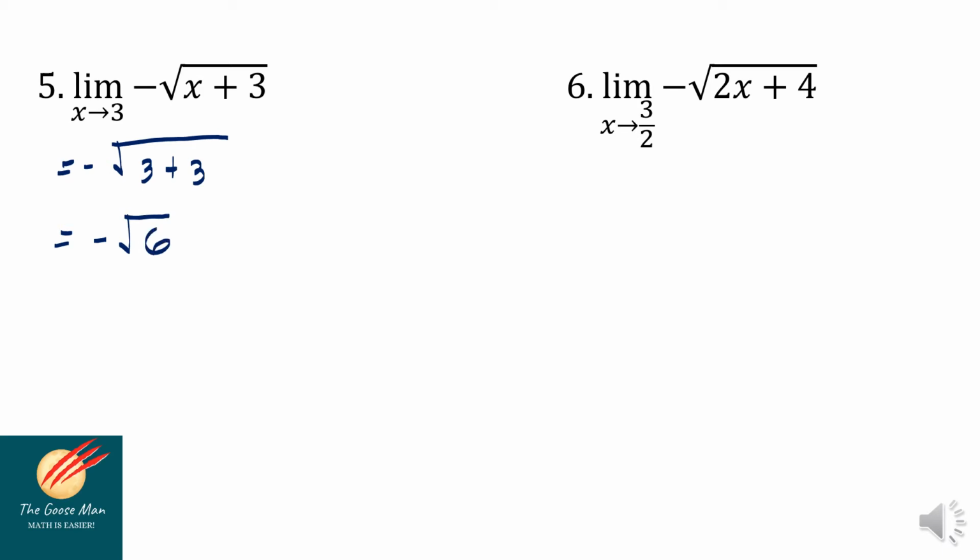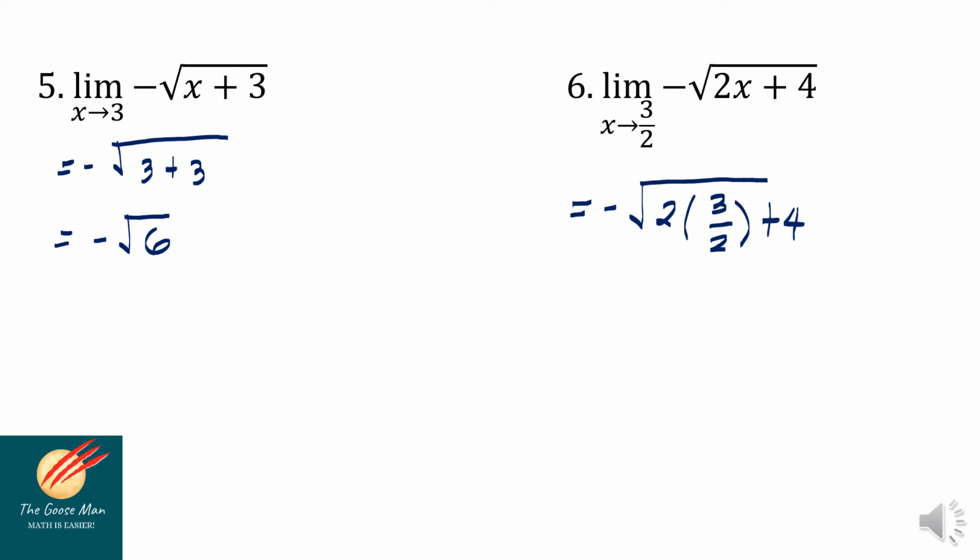On the other hand, number 6, we had the limit of negative square root of 2x plus 4 as x approaches 3 over 2. Again, using the direct substitution, we have negative the square root of 2 times 3 over 2 plus 4.